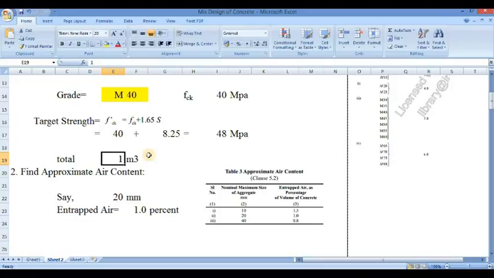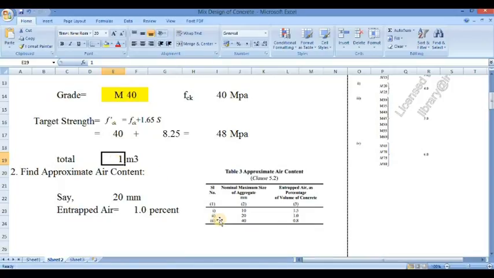For producing 1 meter cube of wet concrete, how much cement, water or sand is required? What will guide us? This target strength. The very first step is to find how much void is there within this 1 meter cube of wet concrete. We have to first deduct that void.